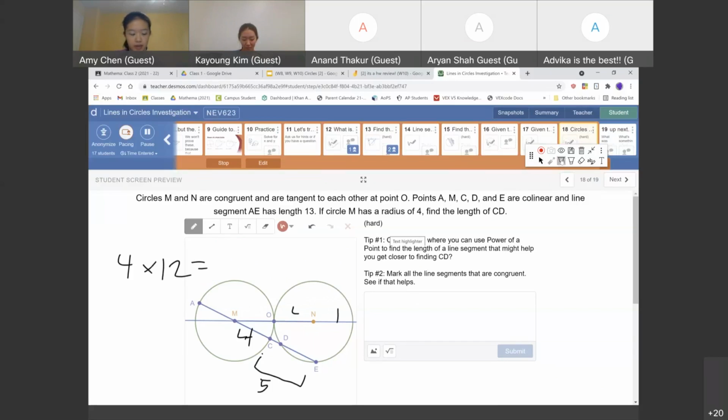So the bottom part has MD, from here to here, multiplied by the whole thing, because this is like the A, and the whole thing is like A plus B. So MD would be 4 plus CD times the whole thing, so times 9. Now you just solve this.